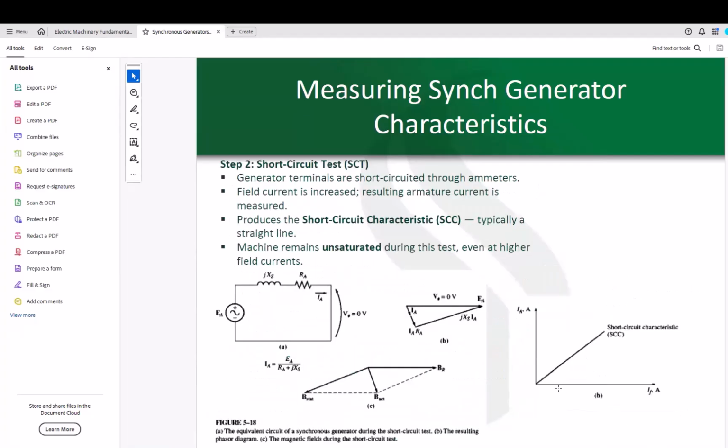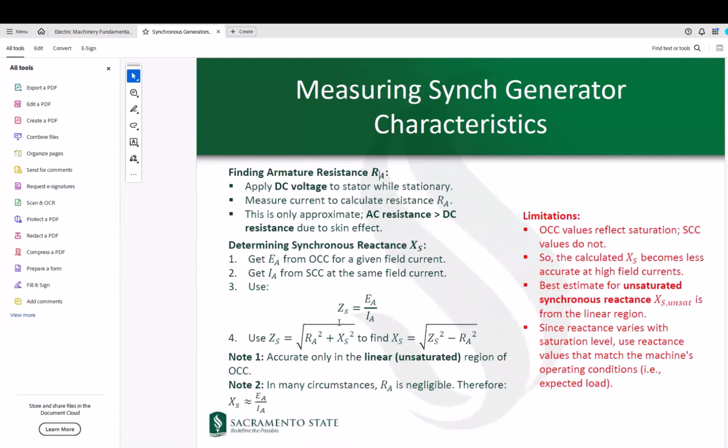At the same current, we're going to see how much IA we have. And then we divide these by one another. That becomes the synchronous impedance. And since synchronous impedance is the square root of RA squared plus XS squared, and we already measured RA from the DC test that we had, then we can find XS. Okay, so this is how we can measure the different characteristics or parameters associated with our generator.